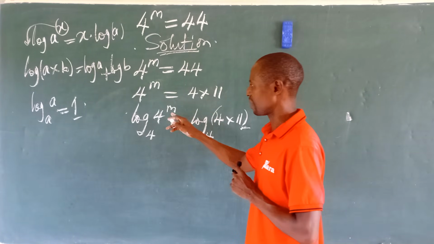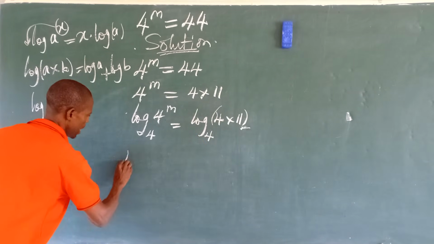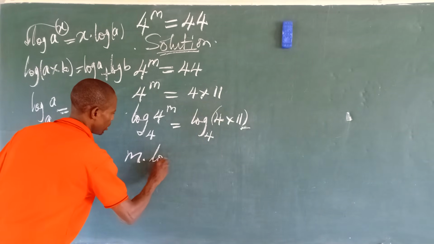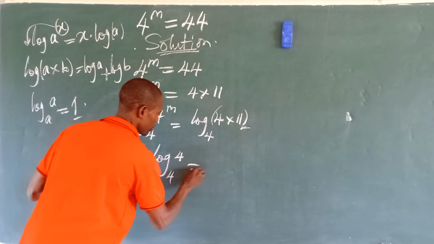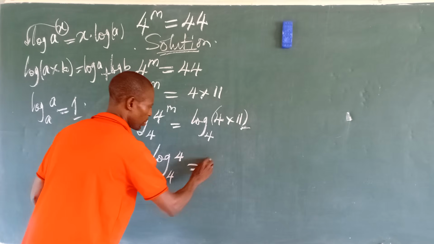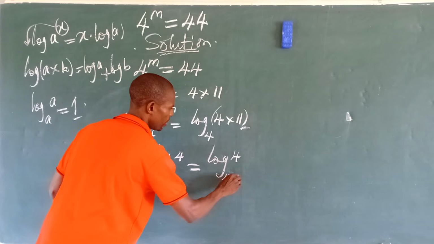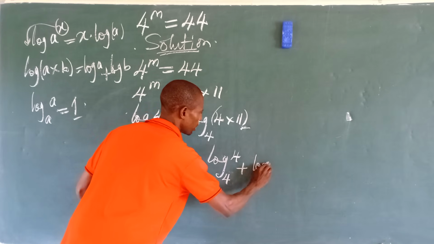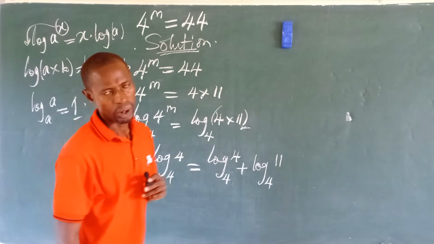So let's go ahead and apply the first one to this. So this is going to give us m times the log of 4 base 4 equal to, apply the multiplication law, we're going to have log 4 base 4 plus log 11 base 4. Right.